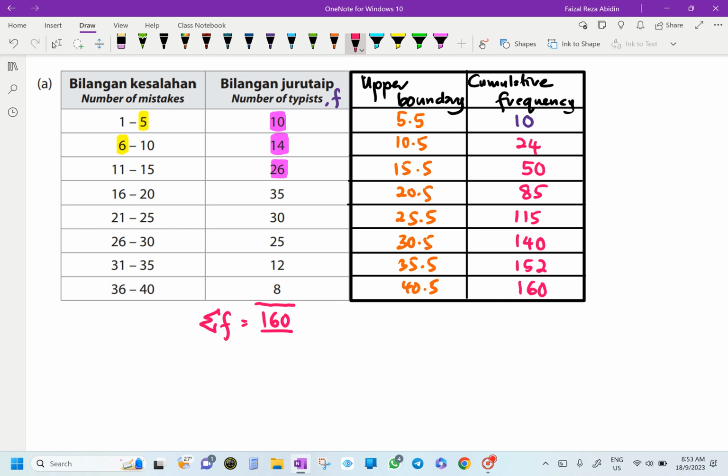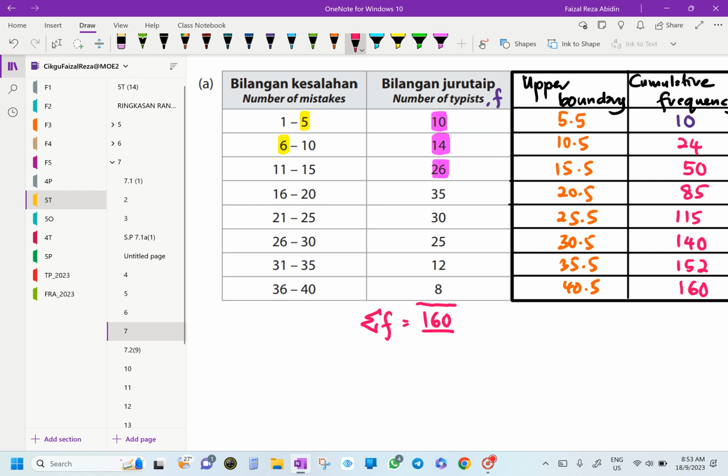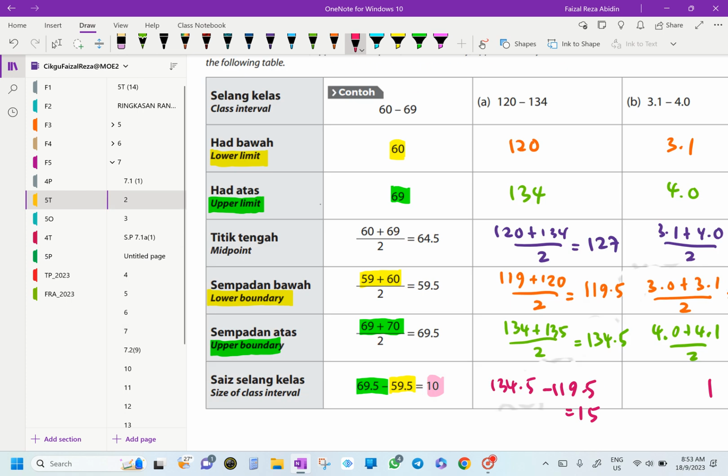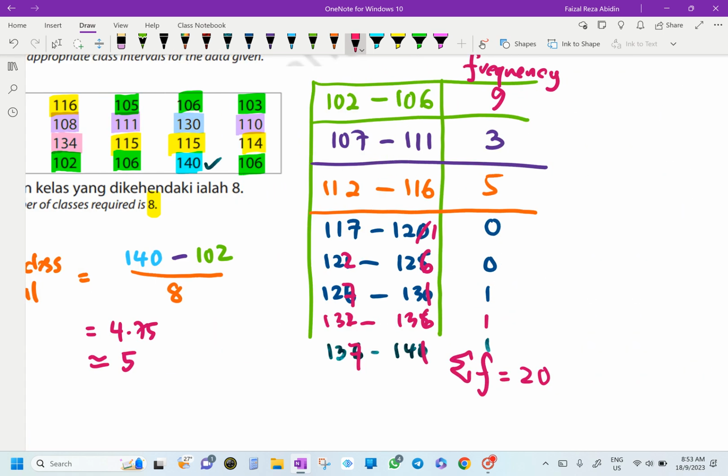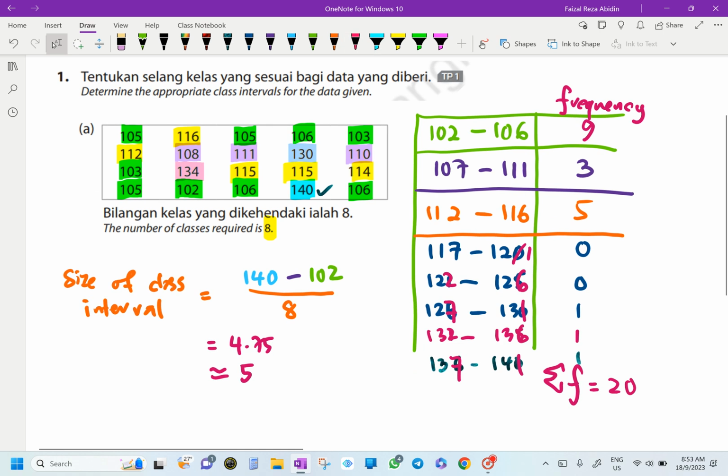If the question gives you raw data, remember raw data? Previously we have done it. This is raw data.